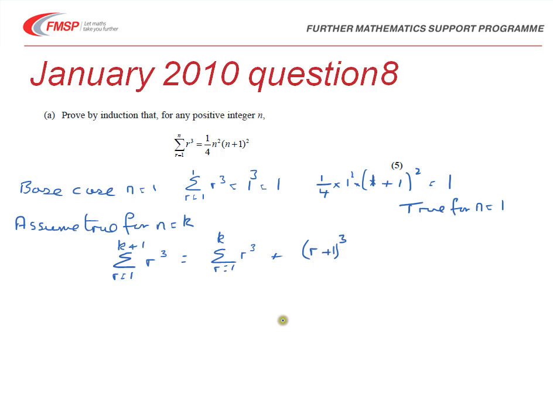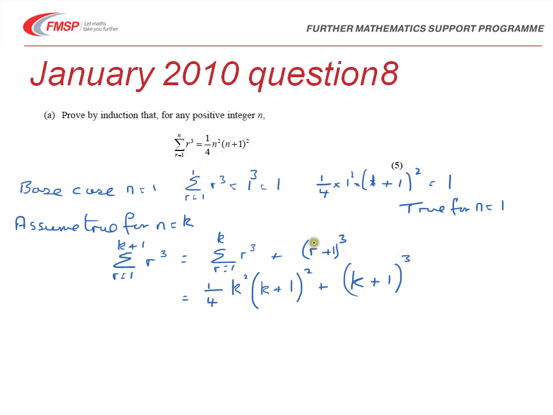So there we've got the statement that we can go on and prove now, because we're assuming that this first part is true, and so this is equal to 1/4 of k squared and then k plus 1 all squared, and then finally we've got plus, when r is equal to k plus 1, all cubed.